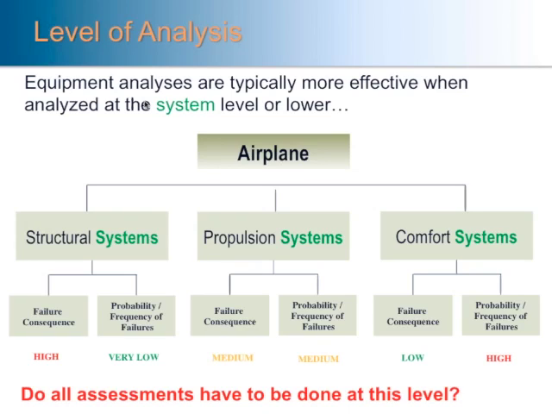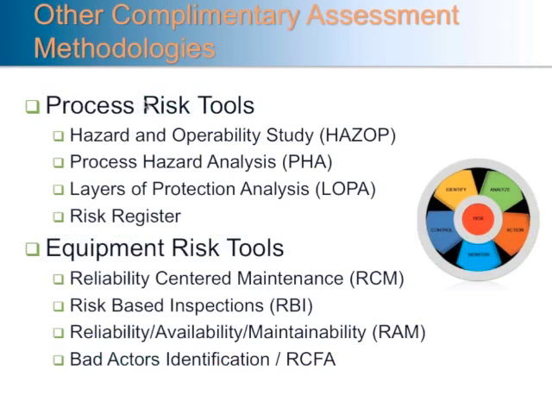So the question comes up a fair bit when I show this slide about moving to a system level of detail to make these assessments. Do all assessments have to be done at this level? Well, frankly, the answer to that is actually no. There is a myriad of tools and methods to assess the two principal points of our discussion today.